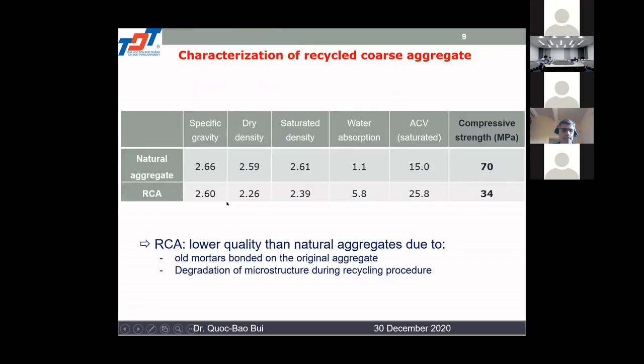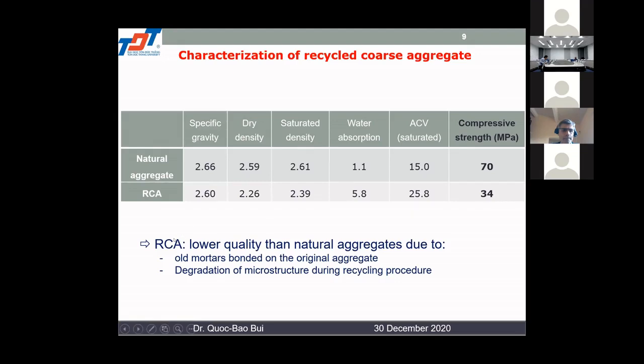This table presents a summary of different values obtained on the recycled concrete aggregate and on natural aggregate. And you can see from the ACV value, we can extrapolate the compressive strength. For the natural aggregate, we have 70 megapascal, but for recycled concrete aggregate, the value is a half, about 50%.